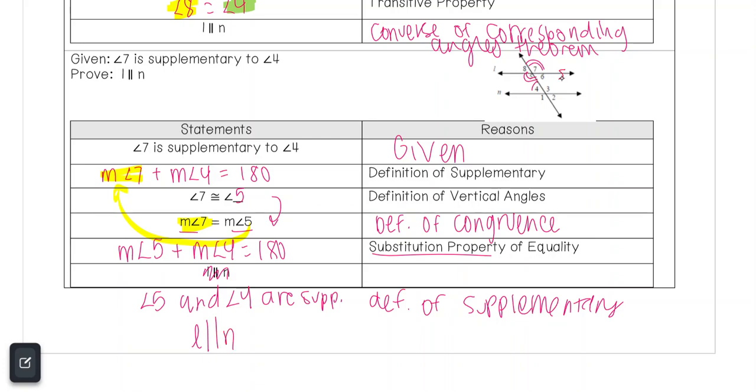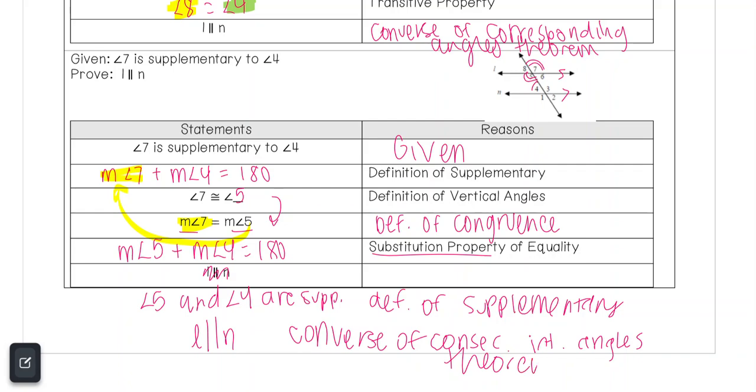Those two lines can now be stated as parallel because 4 and 5 were the same side interior or consecutive interior angles. So when we have those being supplementary, I can use the converse of the consecutive interior angles theorem in order to prove why those two lines are parallel.